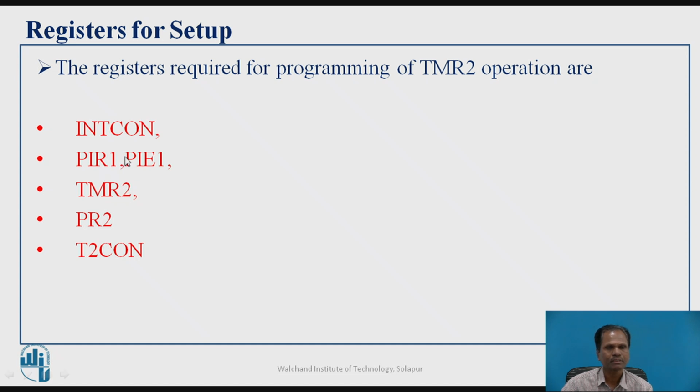And to generate an interrupt from timer 2, the PIE1 register, peripheral interrupt enable register, is programmed. Then to load the programmable 8-bit value for counting purpose, there is the TMR2 register, which is an 8-bit register, and the period register PR2. And to control the operation of timer 2, the T2CON register is used.